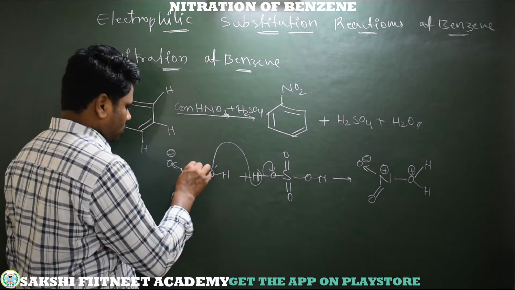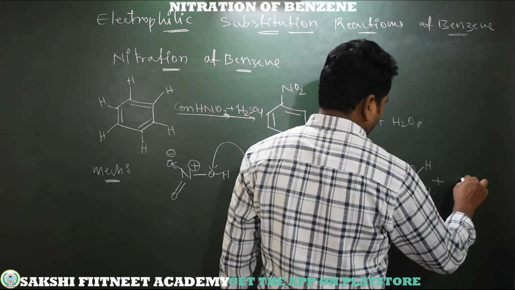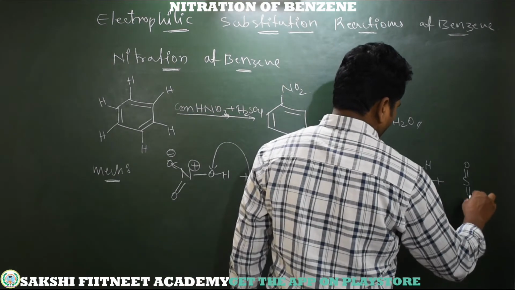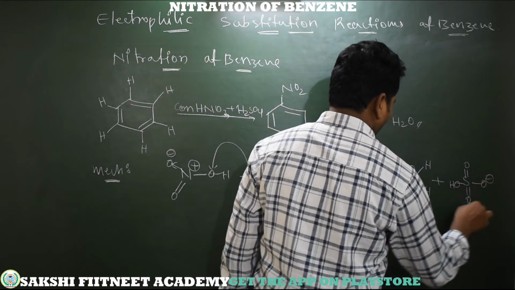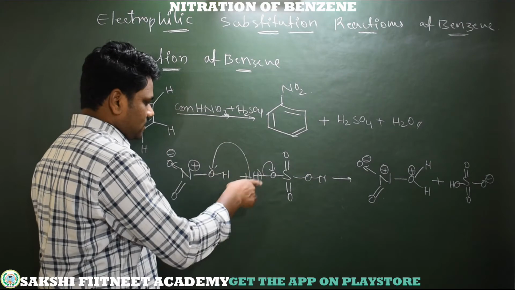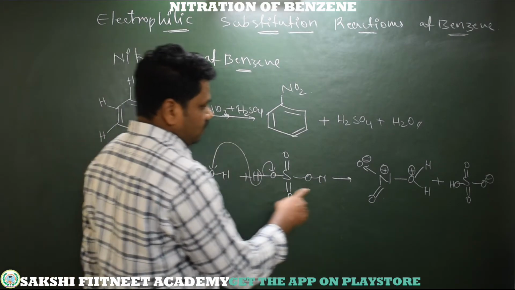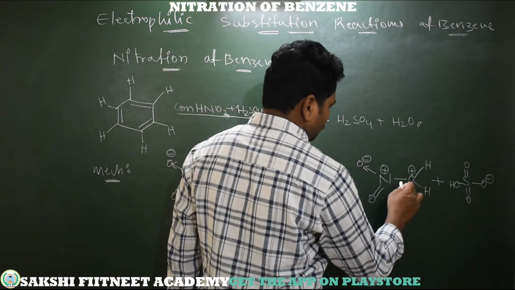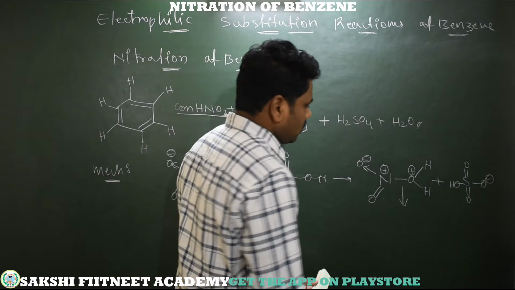Along with this, we have HSO4 minus, a fragment from H2SO4, which donated one hydrogen, that is H plus, towards nitric acid, HNO3. We got this intermediate. Now this oxygen with three bonds is unstable.